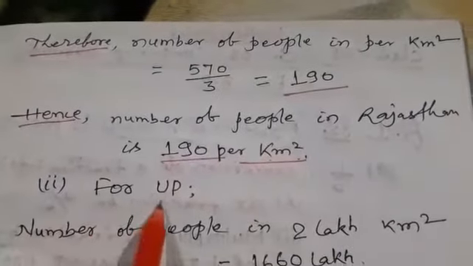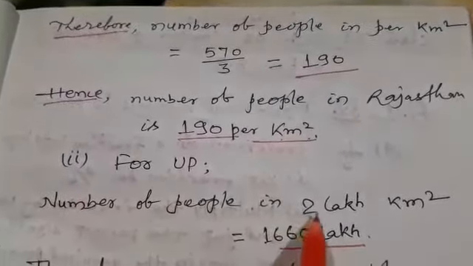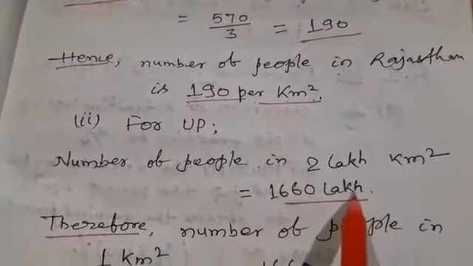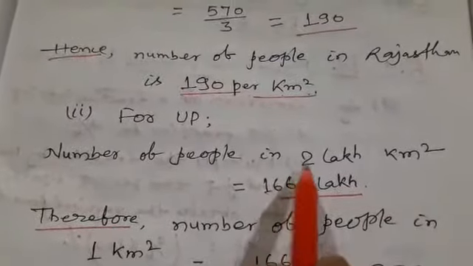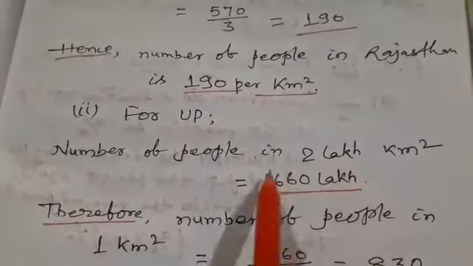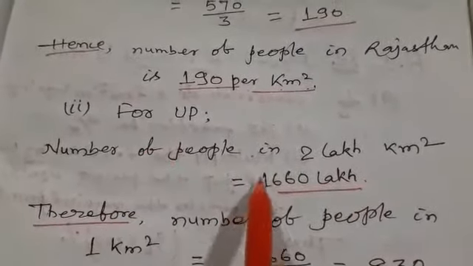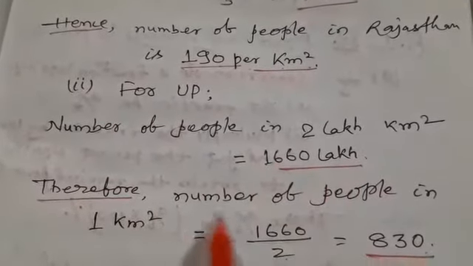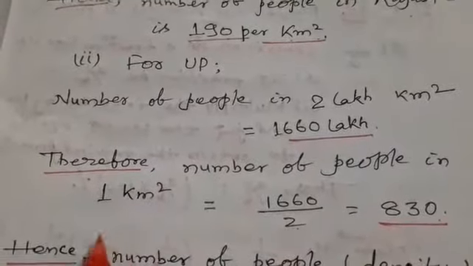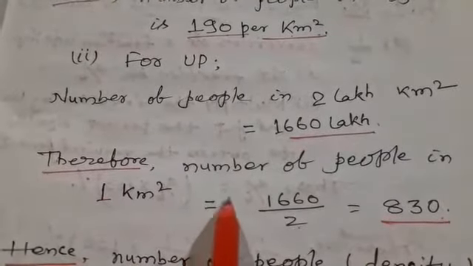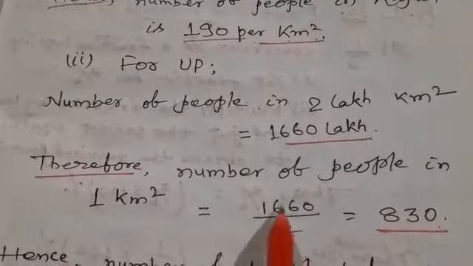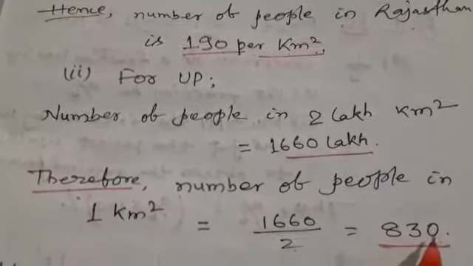Like this, for UP, the area is 2 lakh kilometer square and the number of people is 1660 lakhs. Therefore, the number of people per kilometer square is equal to 1660 by 2. After solving it, we find 830.